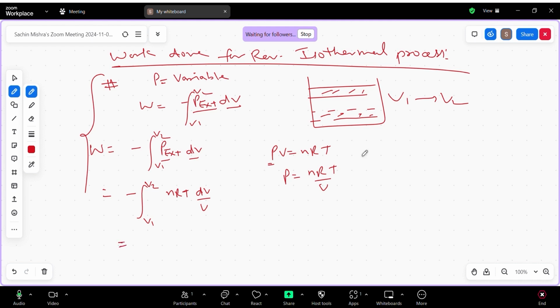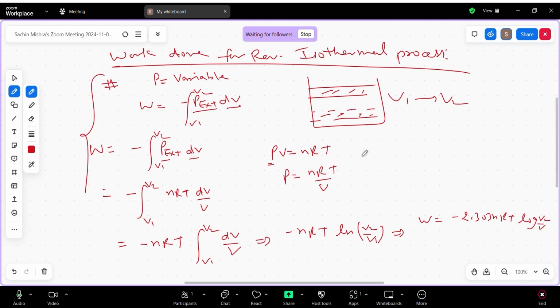I can write minus nRT, temperature is constant here, integral from V1 to V2 of dV by V. On integration we get minus nRT ln V2 by V1. Either we can write further W equals minus 2.303 nRT log V2 by V1. I hope everyone is okay with the work done calculation.